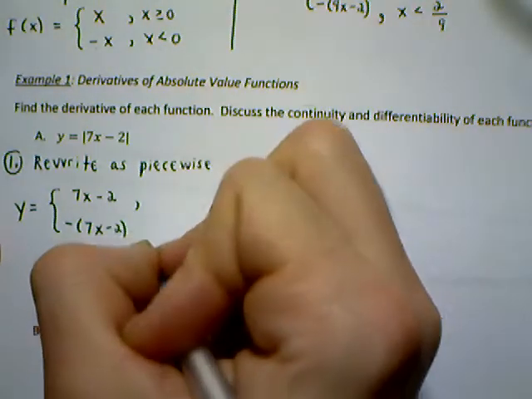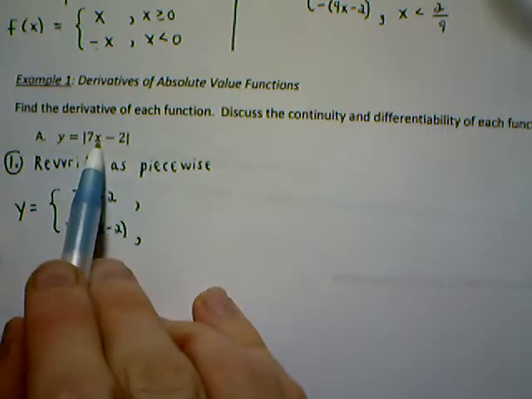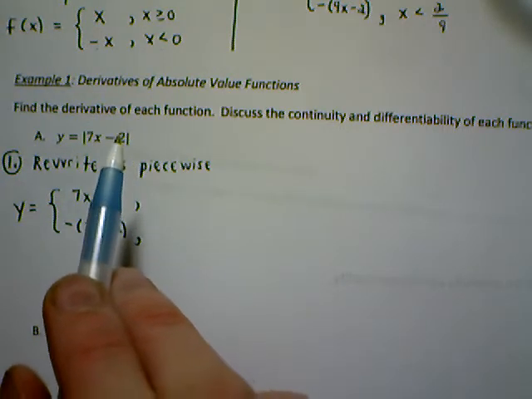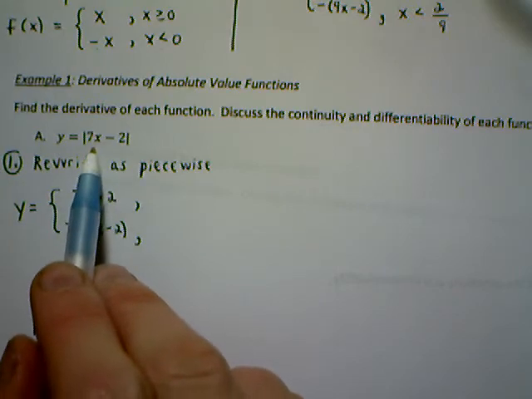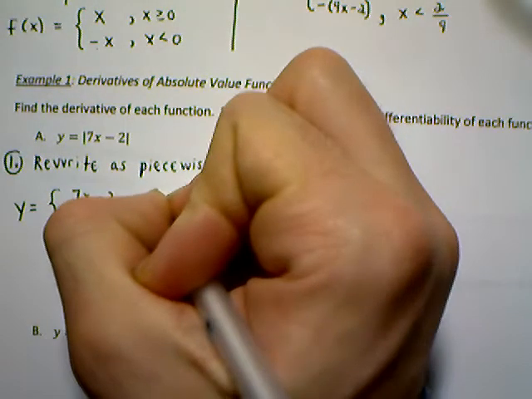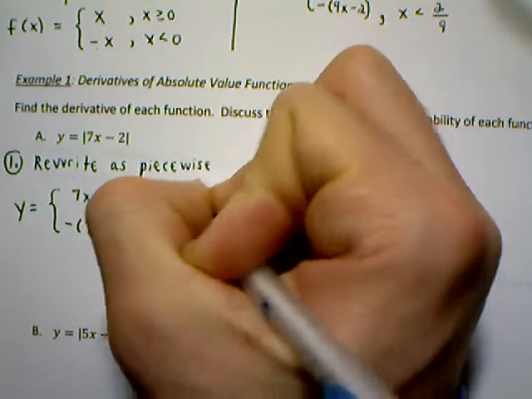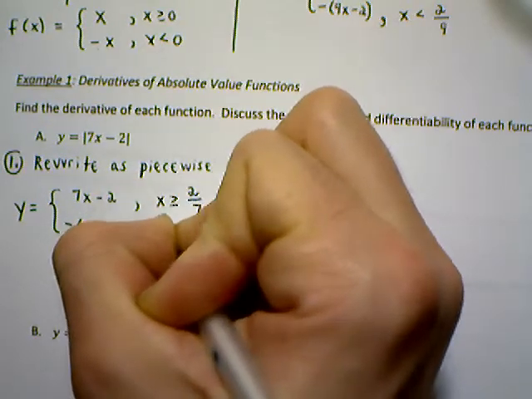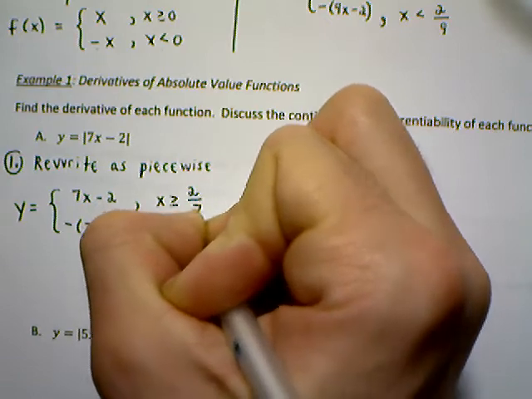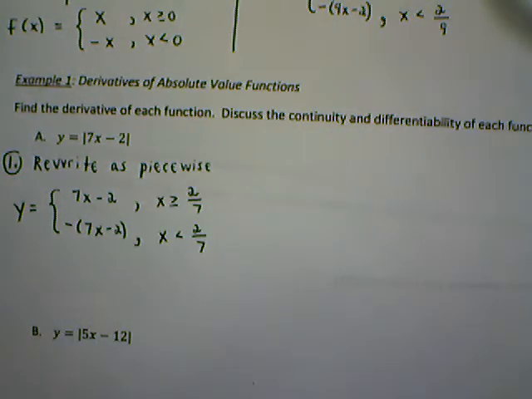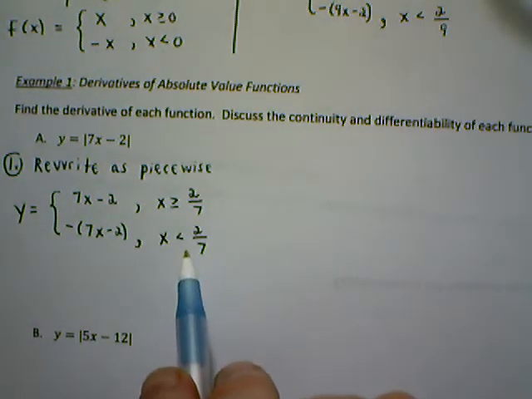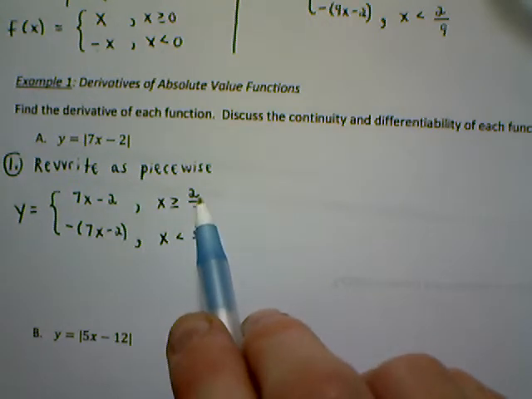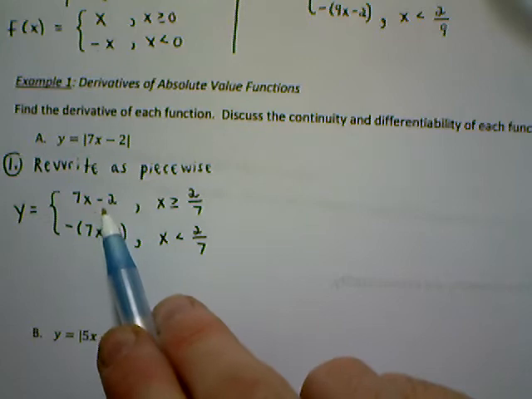To find where the rule changes, just set the inside equal to 0. So I get x is greater than or equal to 2 over 7 and x is less than 2 over 7. So when I choose values less than 2/7, I'm going to use this rule. When I choose values greater than 2/7, I use this rule.